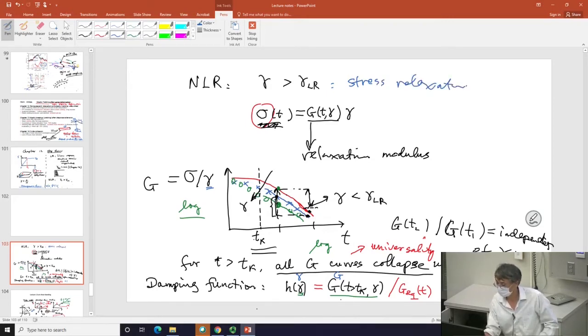The way you do the stress relaxation experiment is you don't present sigma, the stress. Instead, you present everything in terms of normalized sigma. You present G. I emphasize this because it will come to really impress you what's going on.